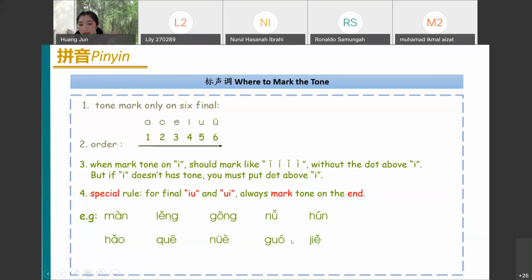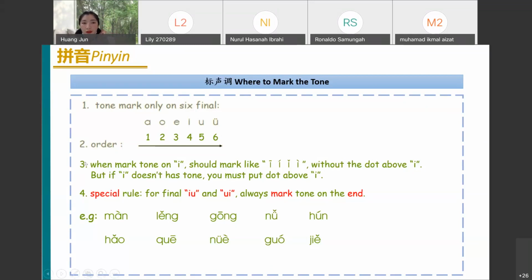So Guo, in this example, U is number 5, O is number 2, so we mark on number 2 over here. Understand? This is the second rule. If they got 2 or more than 2 in one syllable, then when you mark the tone, whichever letter appears in front, you mark on that one. Okay, this is rule number 2.